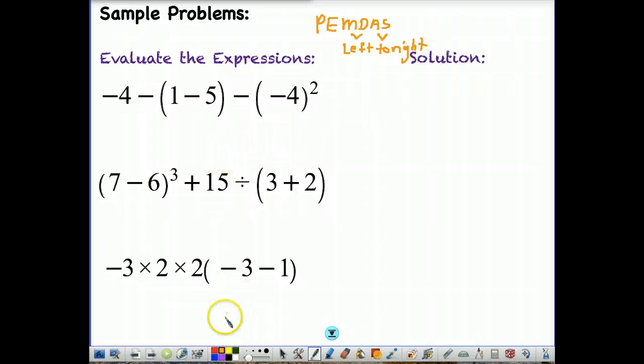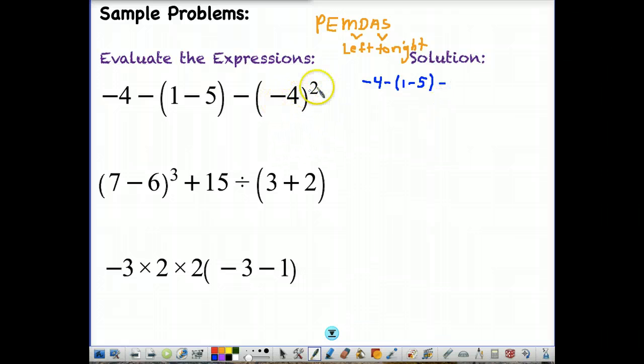Okay, so our first problem, we have parentheses and we have exponents. Well, remember that if we look at PEMDAS, we need to do our exponents first. So if I'm going to solve this, it's very easy to solve if you do it step by step. Don't try to do it all in your head at once, especially if you're not that comfortable with this, because you're likely to make a mistake. So I'm going to do my exponent.